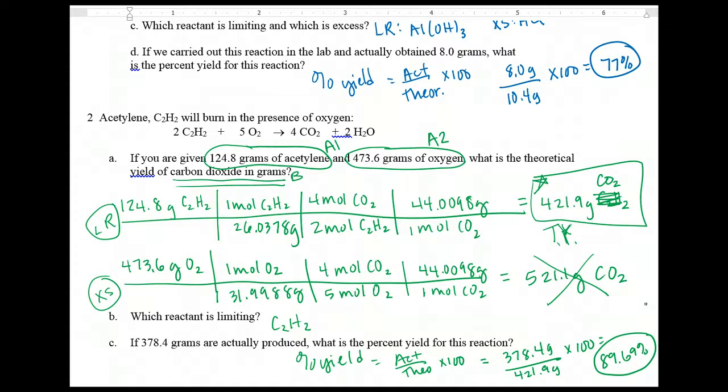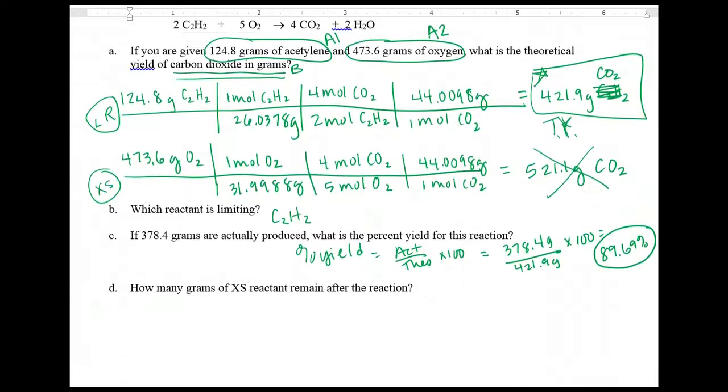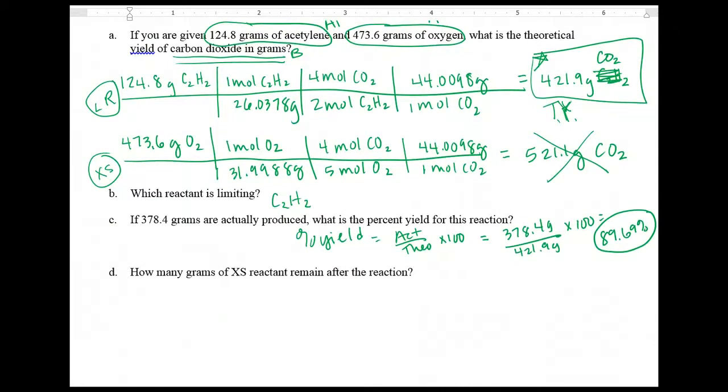Now, one last question that is sometimes asked when you're completing stoichiometry is how many grams of excess reactant remain after the reaction. If you work in a chemical industry or manufacturing plant, you don't want a lot of excess reactant to remain because that will reduce your profits.